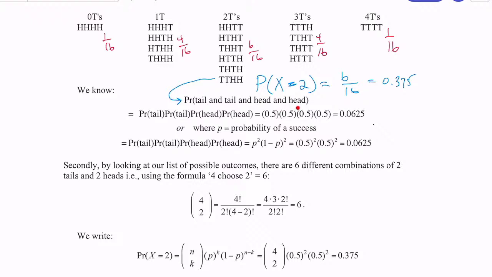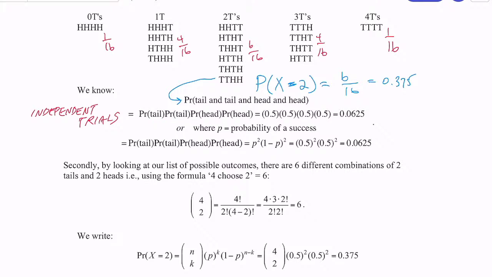I can calculate that by multiplying the probabilities because of independence. For independent trials, it's 0.5 times 0.5 times 0.5 times 0.5. So that's what makes it possible for me to multiply.